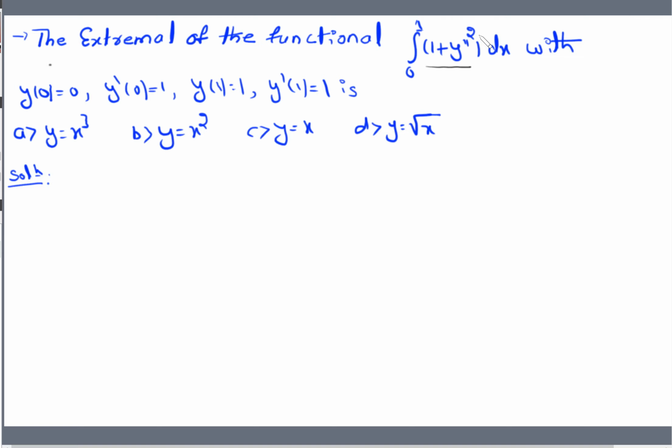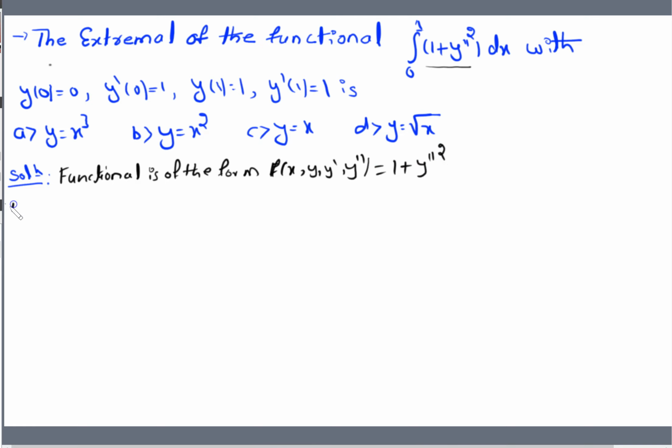Therefore, we need to take the Euler equation for a functional involving x, y, y dash and y double dash, that is f equal to 1 plus y double dash whole square.